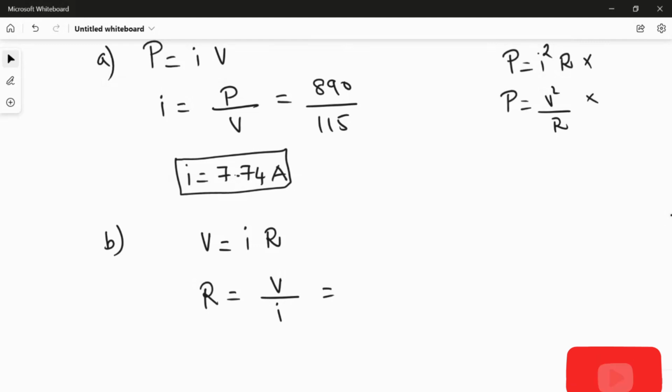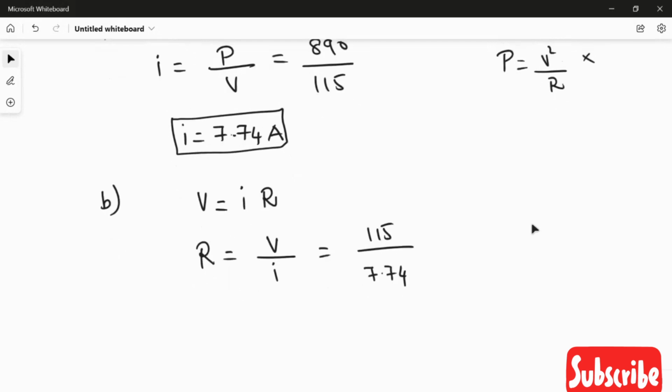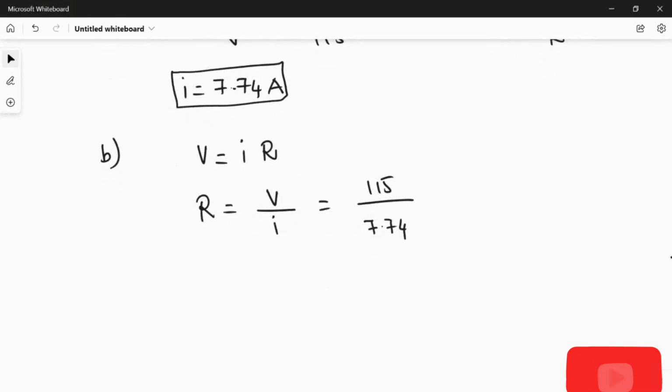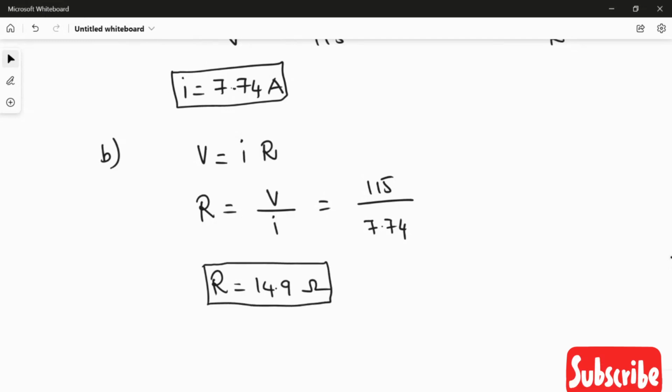The potential is given in the question as 115 volts, and for the current, I am going to take the answer from the first part, which is 7.74. If you calculate, we get the resistance R is equal to 14.9 ohms. So this is the answer for the second question.